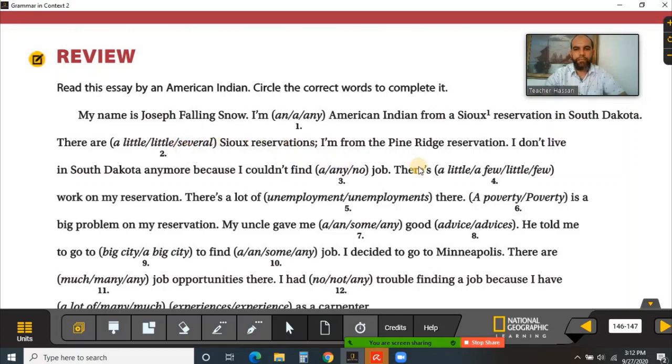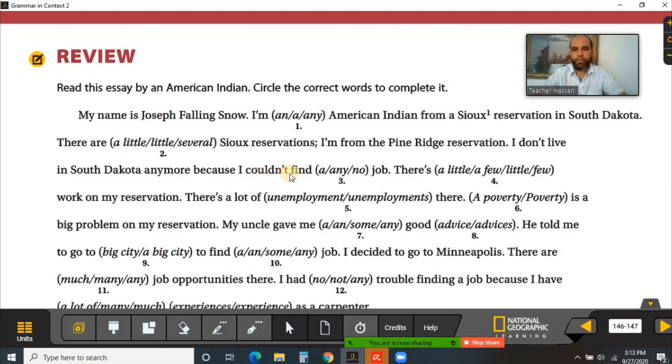I am from the Pine Ridge Reservation. I don't live in South Dakota anymore because I couldn't find no job. Now, for number 3, I believe the correct answer is a. I couldn't find a job. Now, you might ask, why not any? Any works in negative statements, and this is a negative sentence.